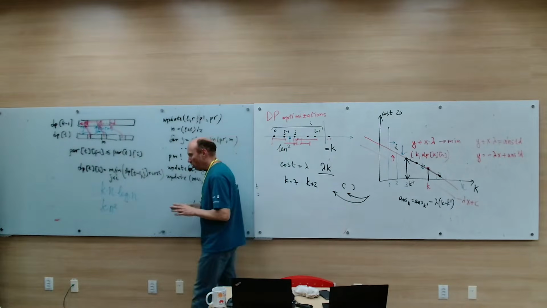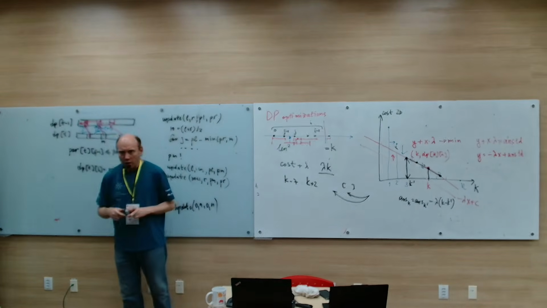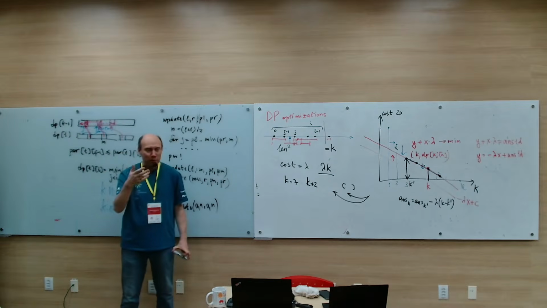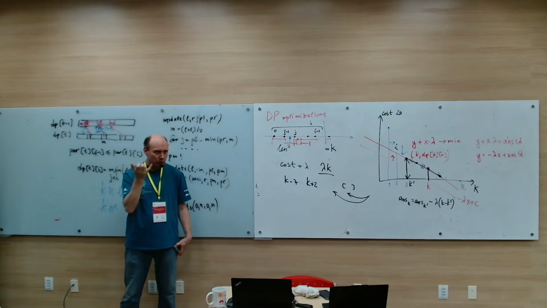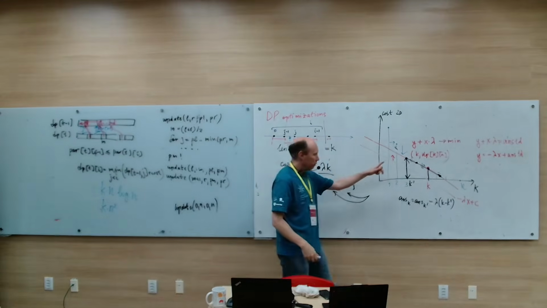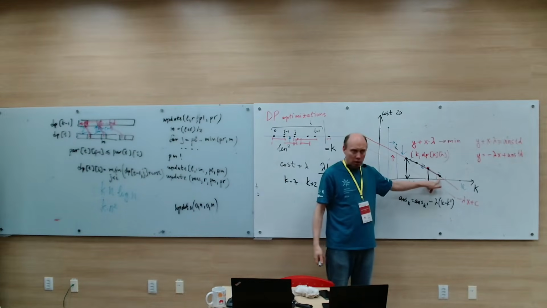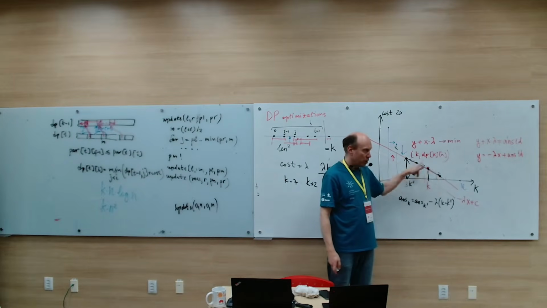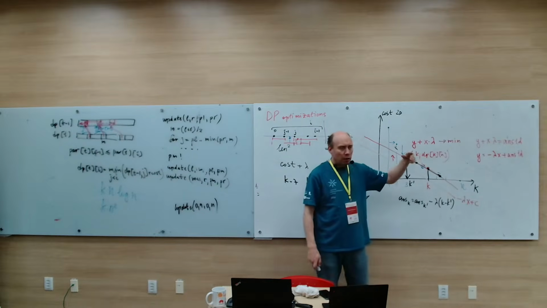This approach requires that the number of possible batches for the optimal solution form a segment of values. This is the case for the final situation because of this lambda slope and the concavity.